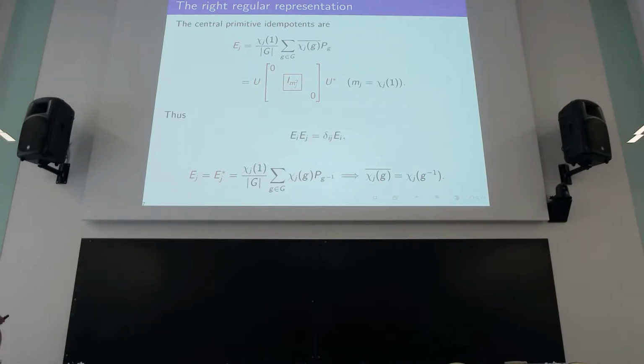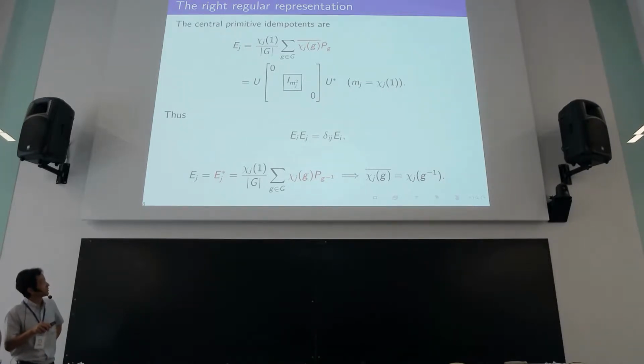But then if you compare Ej star, which is the same as Ej, using this formula, taking star means taking complex conjugate and transpose. So the complex conjugate disappears, and the transpose of Pg is just the inverse, Pg inverse, but they have to be the same. So to be able to compare these two formulas, you need to change the variable g to g inverse.